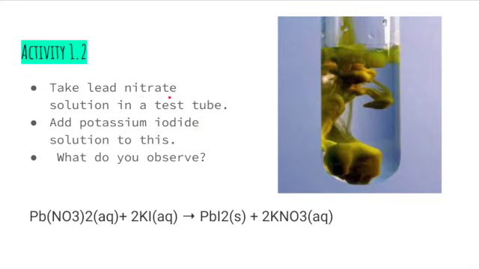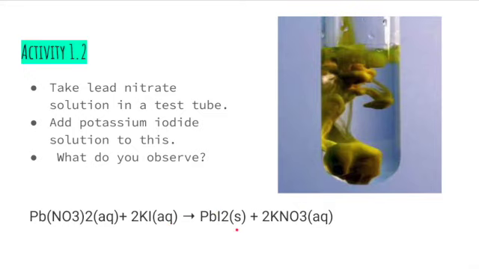When lead nitrate and potassium iodide are mixed, a yellow precipitate is formed. So remember, lead nitrate is colorless, potassium iodide is also colorless, but when they both get mixed, it becomes a yellow precipitate. PbI2 is the precipitate.